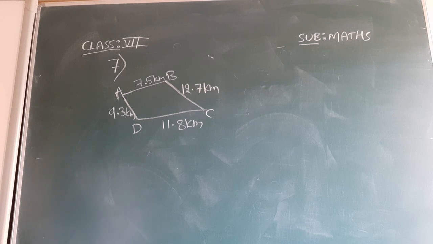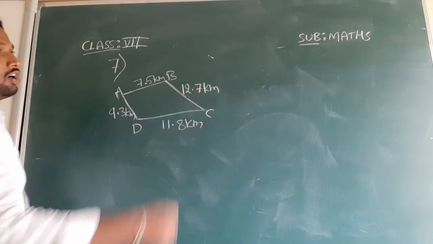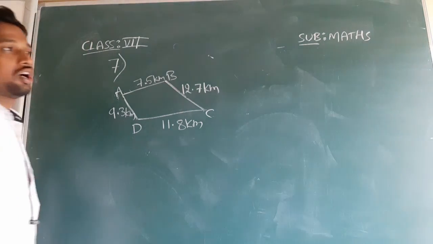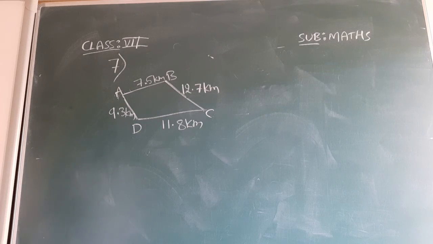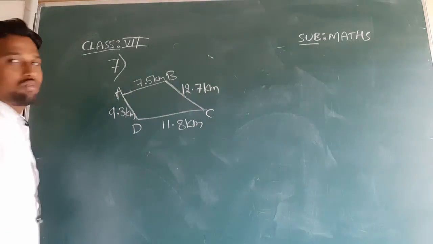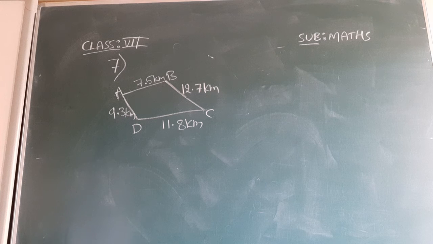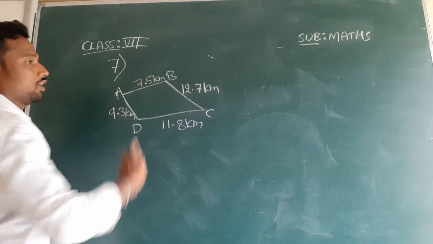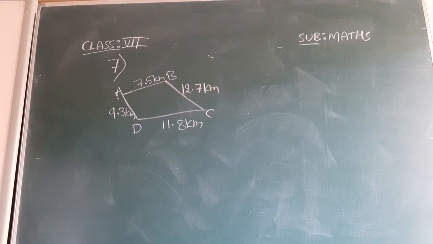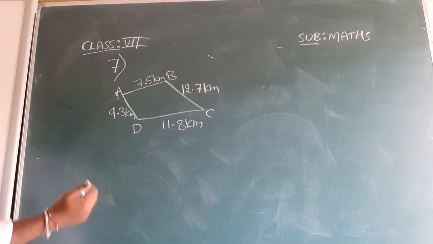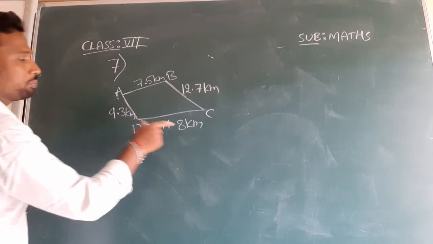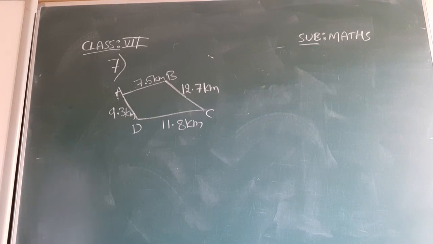How will you find out who travelled more? You have to find out how much distance was travelled by Dinesh and how much by Ayub. How to find that? You have to add 7.5 and 12.7. This is the distance travelled by Dinesh because he went from A to B and B to C. Next you have to calculate the distance travelled by Ayub, that is A to D and D to C. You have to add 9.3 kilometers and 11.8 kilometers.